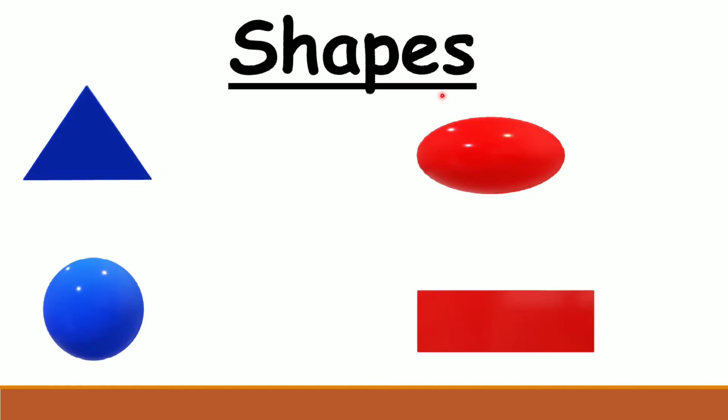Okay, so we have 1 is a shape, 2 is a shape, this is a shape, and lastly 4 is a shape. Well, let's refresh our minds and try to recall what each shape is called.